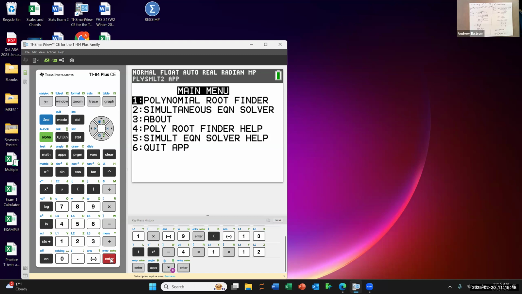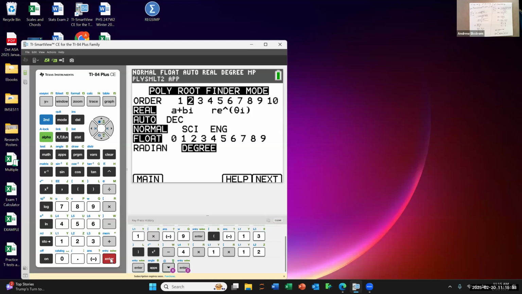So what we're trying to do here is something called finding the roots. And so we want a polynomial root finder. So there it is. I get to choose what order I want this to be.